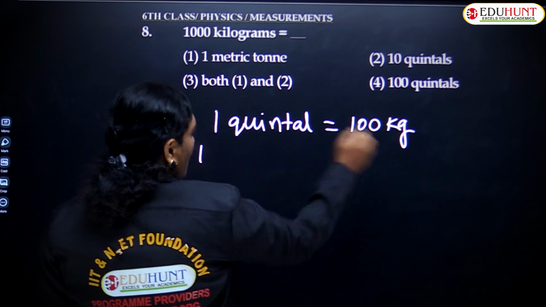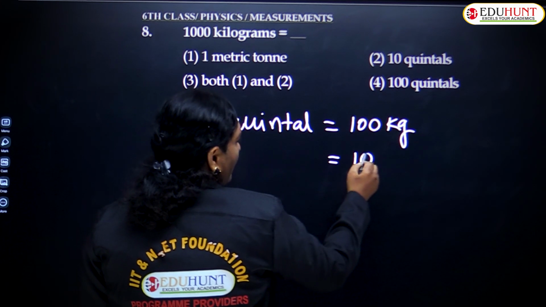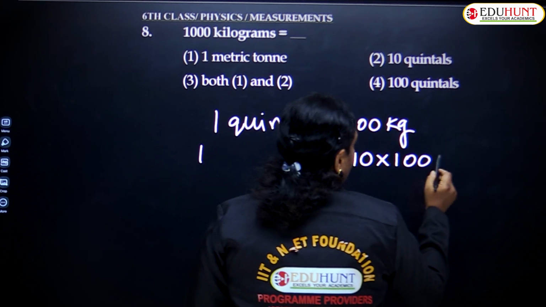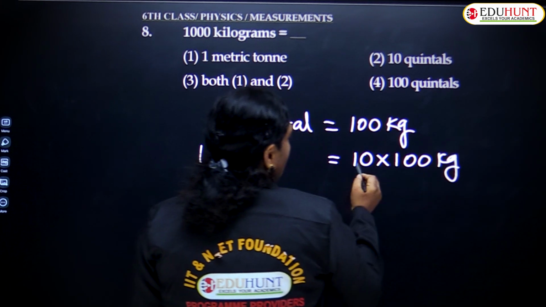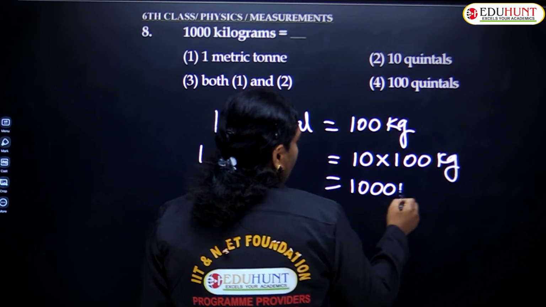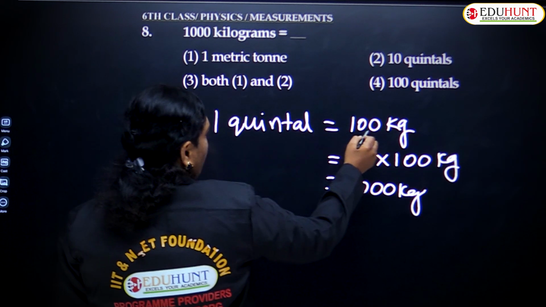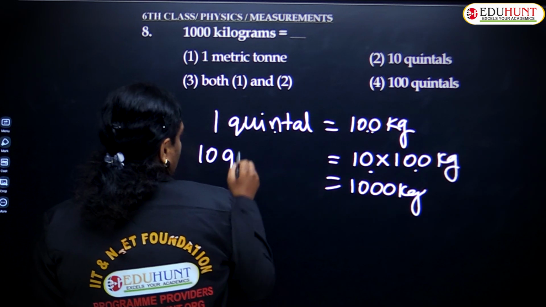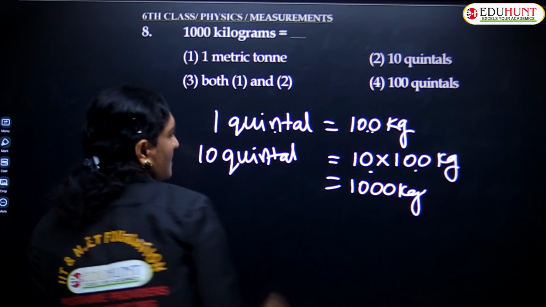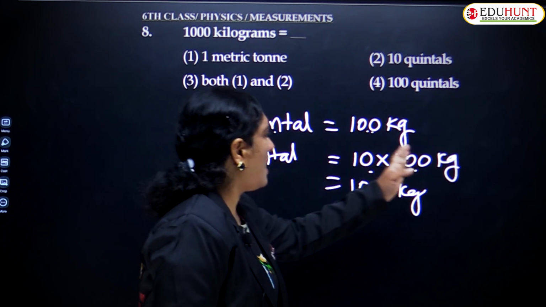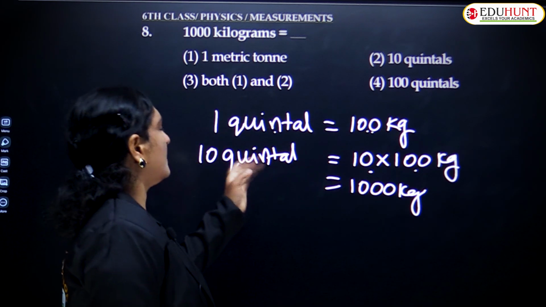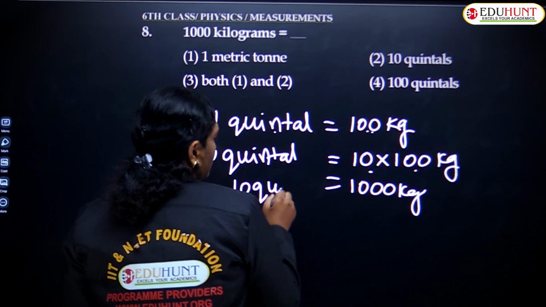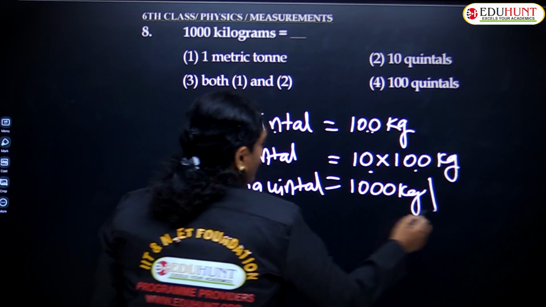Then if I want 1000 kilograms, I need to multiply by 10. 10 into 100 kilograms, how much is that? 1000 kilograms. Okay. 1 quintal is 100 kilograms, so 100 into 10 means 10 quintals. So 10 quintals is equal to 1000 kg.